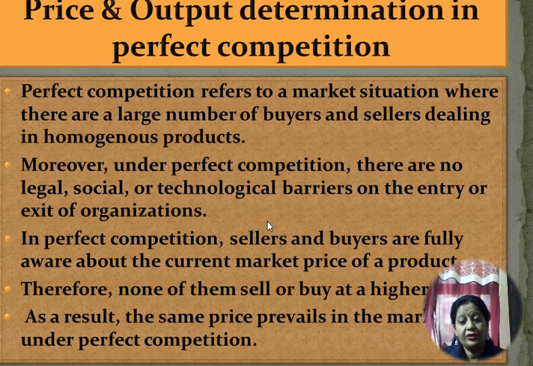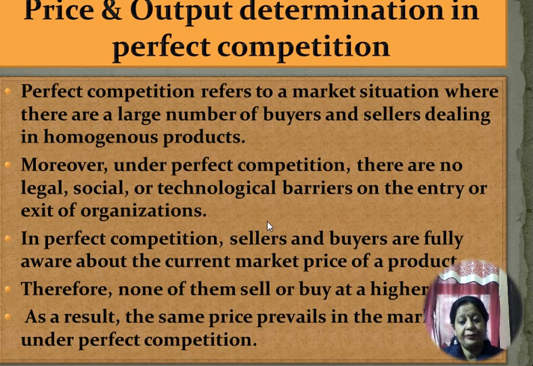Therefore, none of them sell or buy at higher prices. If you are aware of the prices, then there should be no price discrimination. That means if the price of the commodity is 100, then every seller has to sell that commodity at a price of 100 rupees. They cannot charge a higher price because you are already aware of the market price of the commodity.